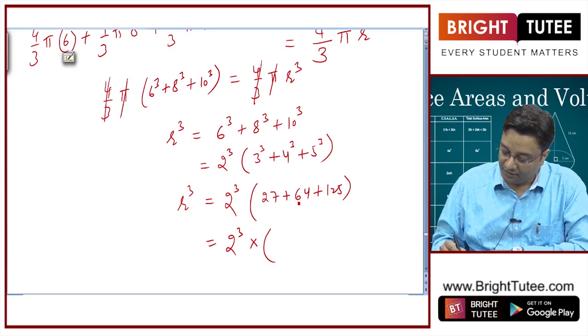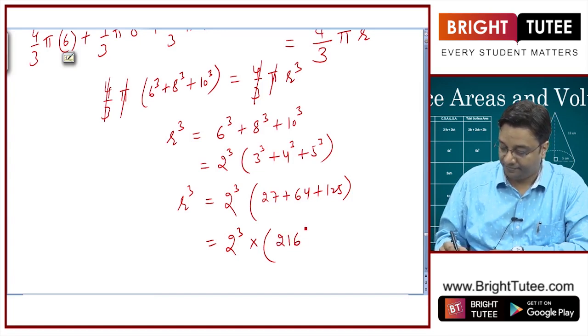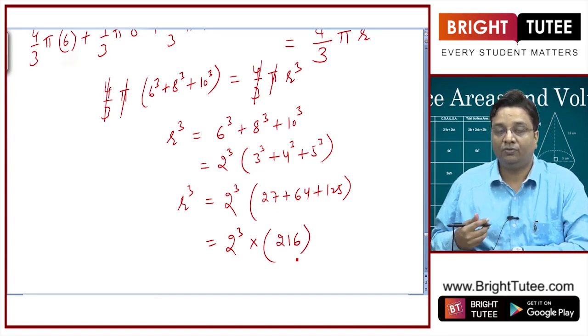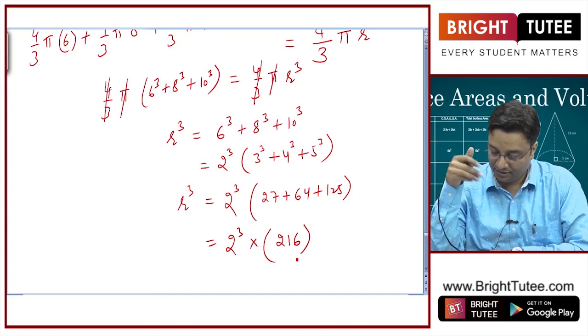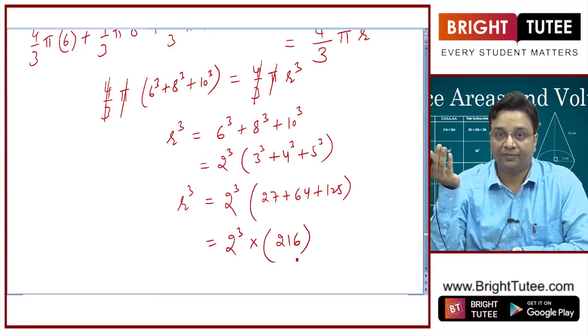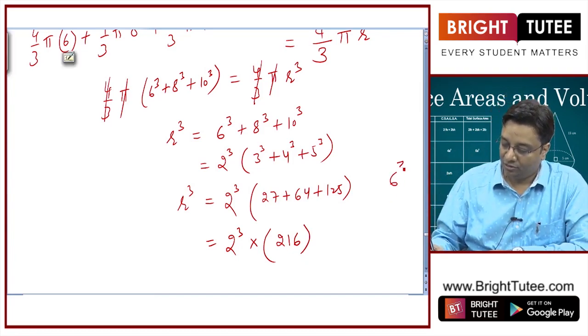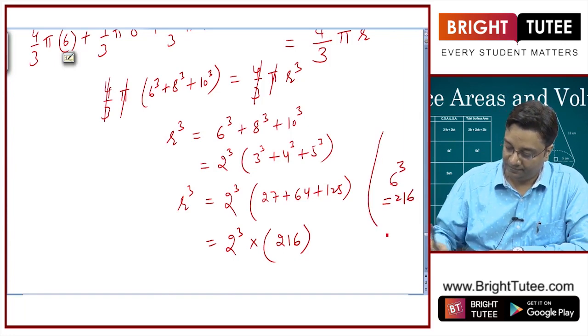So 2 cubed into, if you add these, what will you get? 120 plus 60 is 180, 189, 196, 216, right? And you know what is 216? It is 6 cubed. Okay, 6 cube is equal to 216.